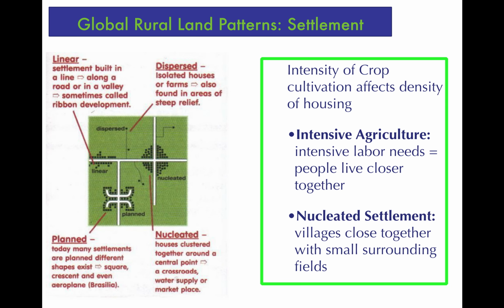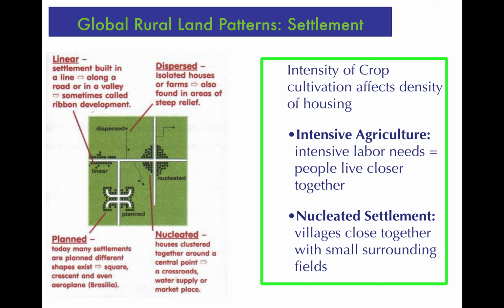Now, in contrast, intensive agriculture has intensive labor needs. So, therefore, people tend to live closer together because then, as a team, as a group, as a village, the entire village is responsible for those inputs of labor.